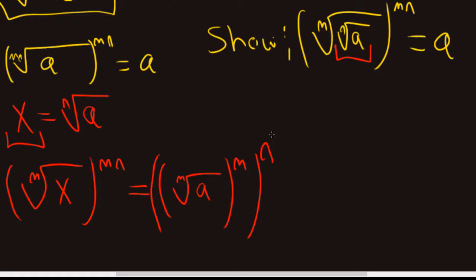Well, now let's take a look at what we have on the inside. On the inside, we have the mth root of x raised to the mth power. Oh, I know what I missed.